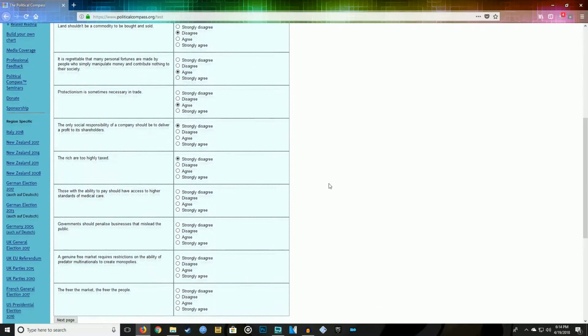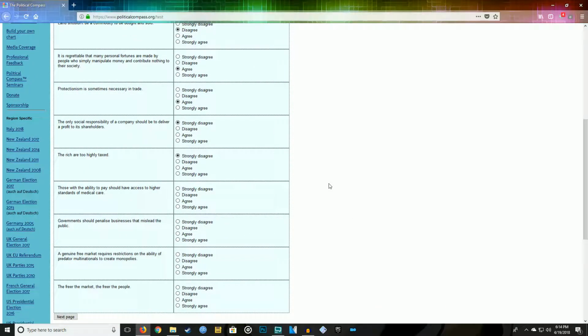That's ridiculous. Those with the ability to pay should have access to higher standards of medical care. This is a tricky one. So I do support Medicare for all. However, if you want to pay more for higher standards, I think maybe, it just depends. Actually, this isn't really all that much, because I'm thinking about this in a different way.